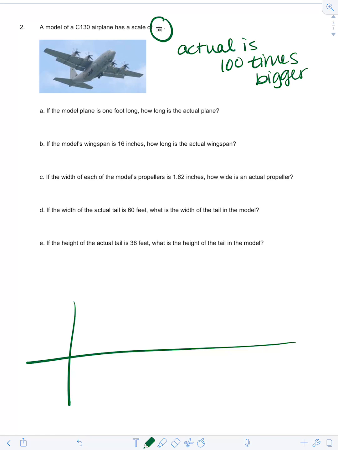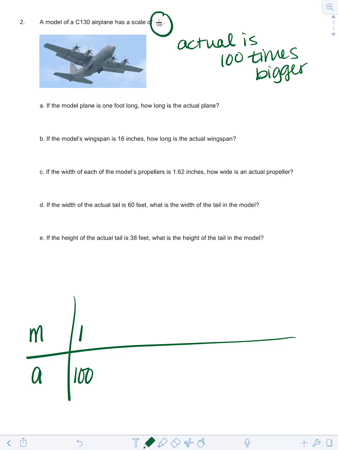Set up a ratio table down here to answer all the questions. We know it's model to actual. We know our scale is 1 to 100. And then I would pause and solve A, B, C, D, and E using this ratio table.